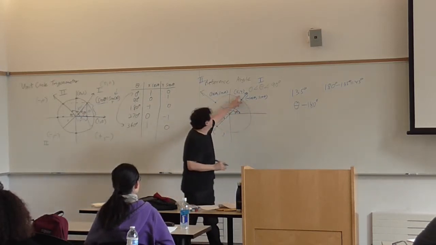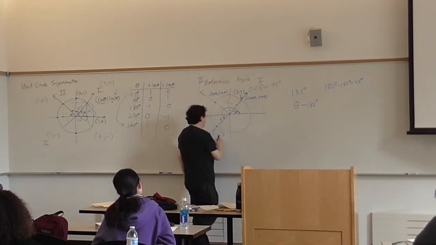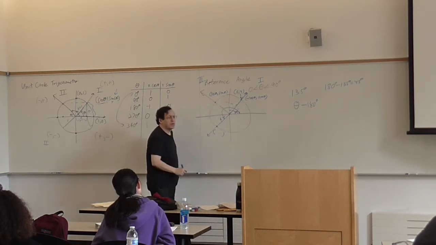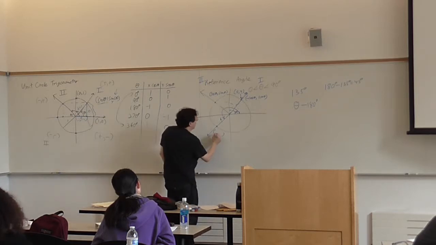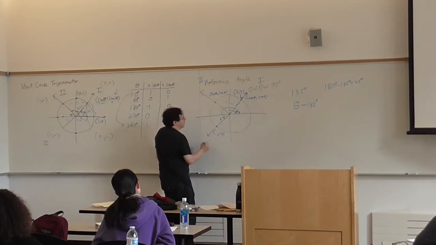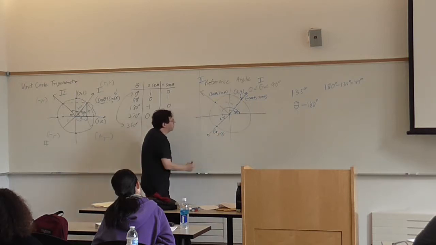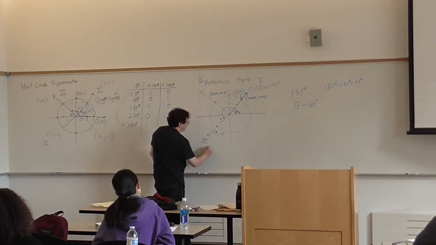I'm just thinking in terms of x and y. I have some coordinate here, x and y. So what are these coordinates? Yes? X and negative y? Negative y is right. Negative x? Negative x, yeah. Remember, this is now the third quadrant. All the points in here are minus and minus, right?